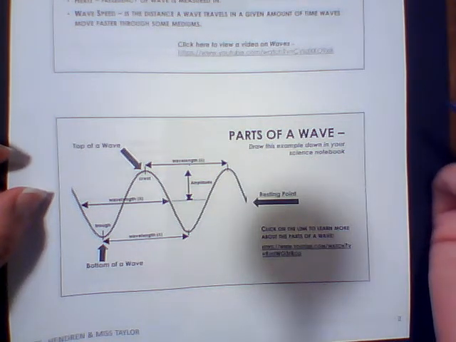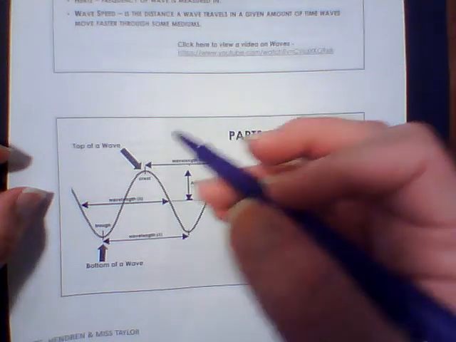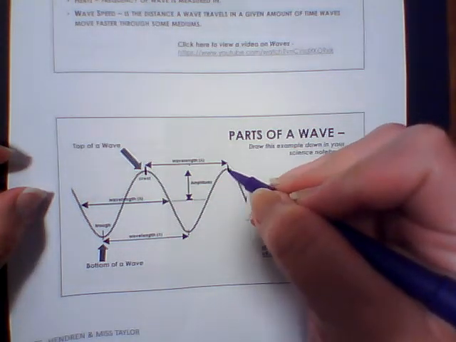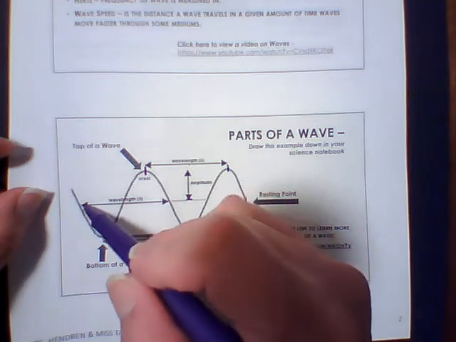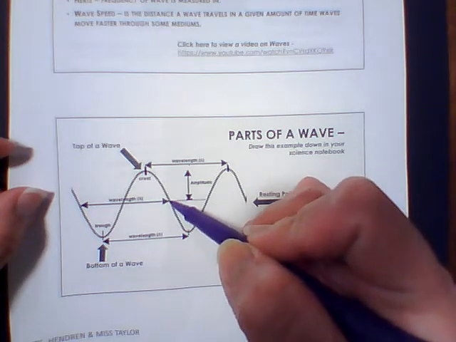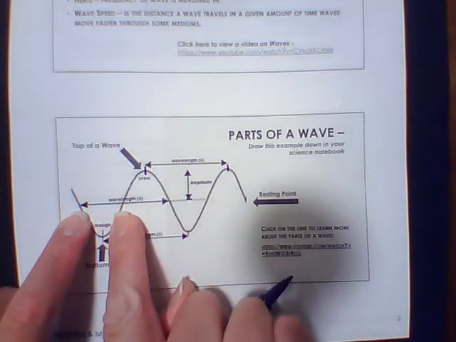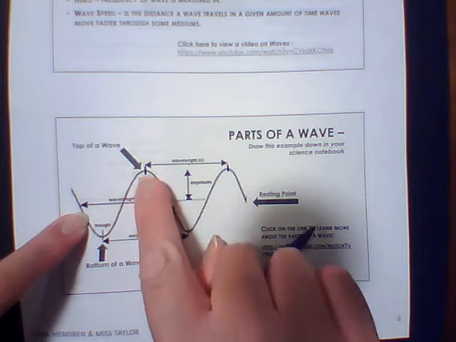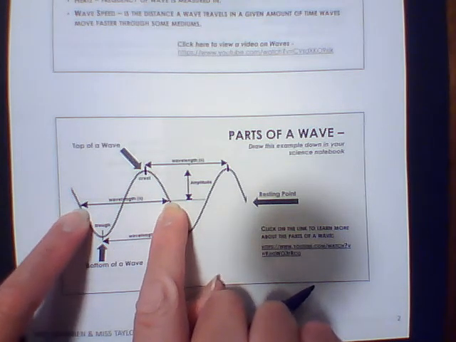The second part you need to remember is the wavelength. If you're looking at the top of a wave to another top of the wave, that would be the wavelength. Or if you're looking from the section of the middle to the other section. Now notice that I'm not going from here to here because that's not a full wave. This wave is going down and you're going to have to look for the wave that goes down with it. So you're going to be looking on that side.